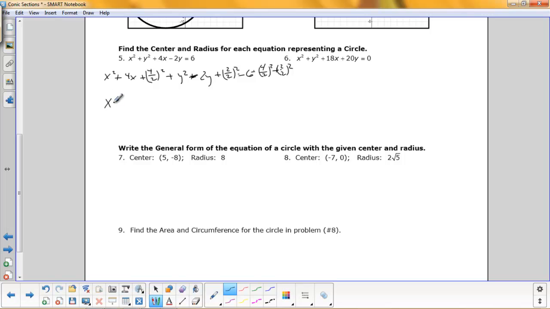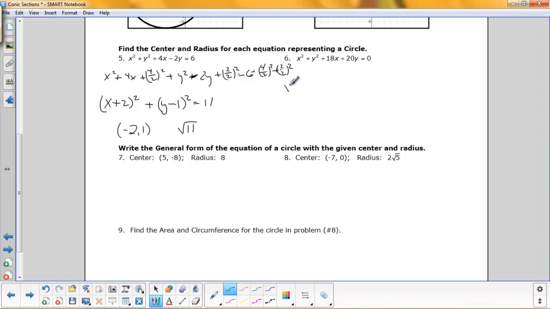And I get (x plus 2) squared plus (y minus 1) squared equals 11. Therefore, my center is at -2, +1, and my radius is the square root of 11.